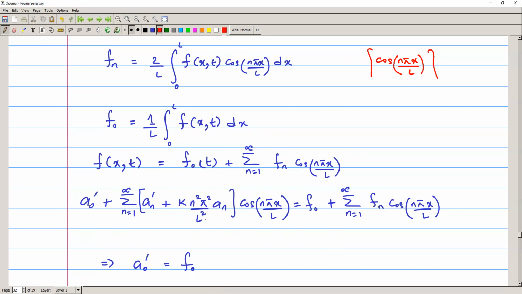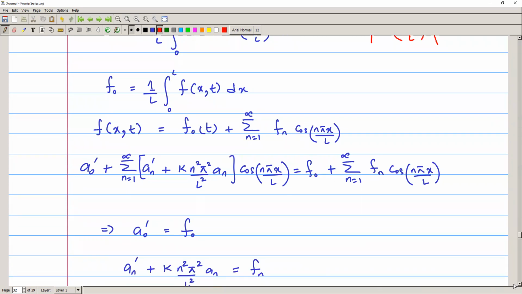Now f of x,t is equal to F naught of t plus the summation of Fn cosine n pi x over L. Then we will generate a family of ordinary differential equations of first order. So here is a naught prime plus the sigma of this differential equation times cosine n pi x over L is equal to F naught plus sigma Fn cosine n pi x over L. So we can see that the idea is similar, only the change is in the eigenfunction, right?